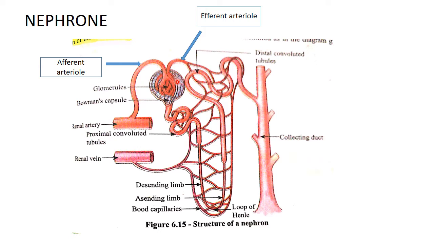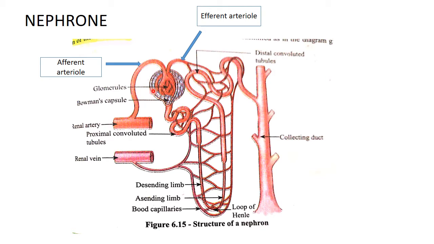When the afferent arteriole enters into Bowman's capsule, it further divides to form a dense blood capillary network. That dense blood capillary network is known as glomerulus. And this part is known as afferent arteriole.